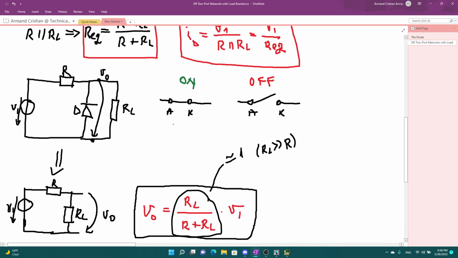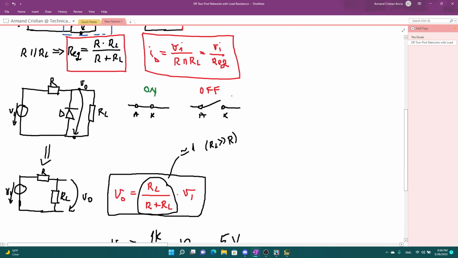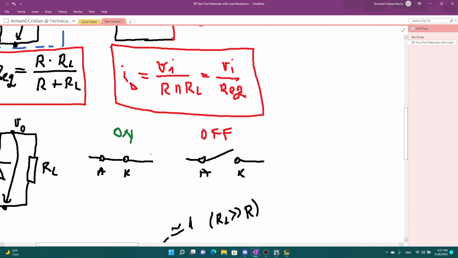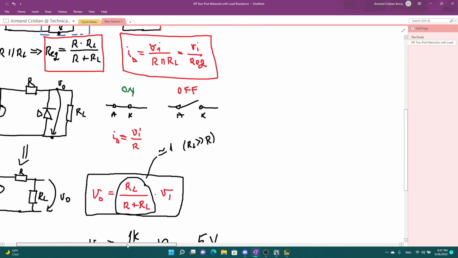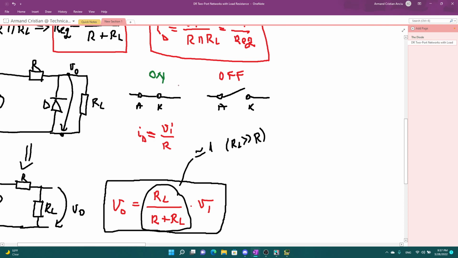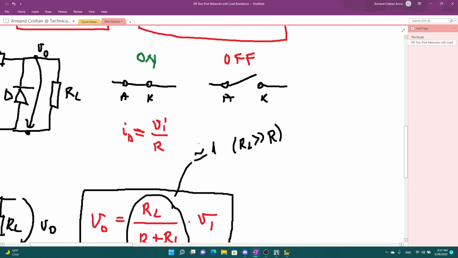For the second circuit, when the diode is on, the current through the circuit, ID, is equal to VI over R. And when the diode is off, the current is equal to VI over R plus RL.